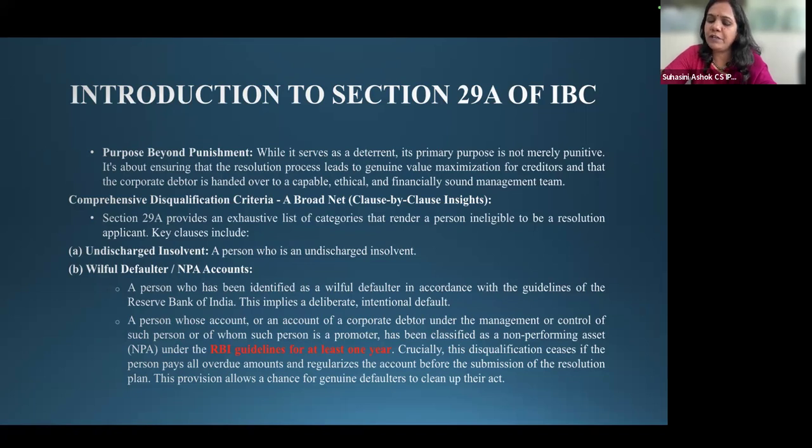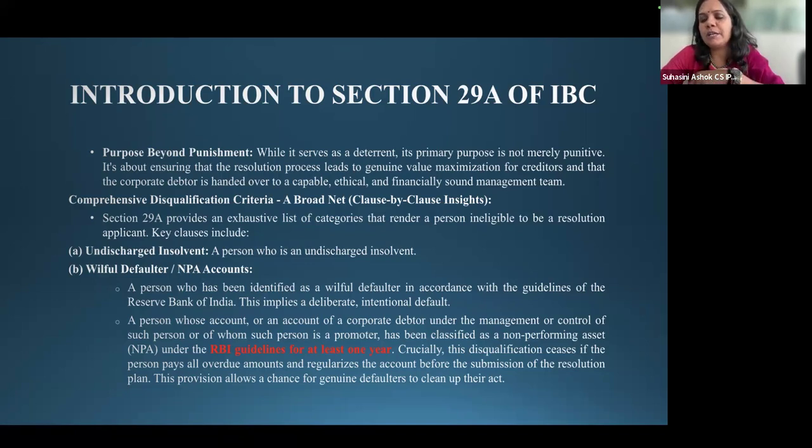Usually an affidavit is also taken from the prospective resolution applicants or the bidders about their qualification, that they are not ineligible to participate in the process. The affidavit can be exhaustive, where you can give the details of the connected persons, or when the expression of interest is given, the detailed expression of interest will have all the formats.